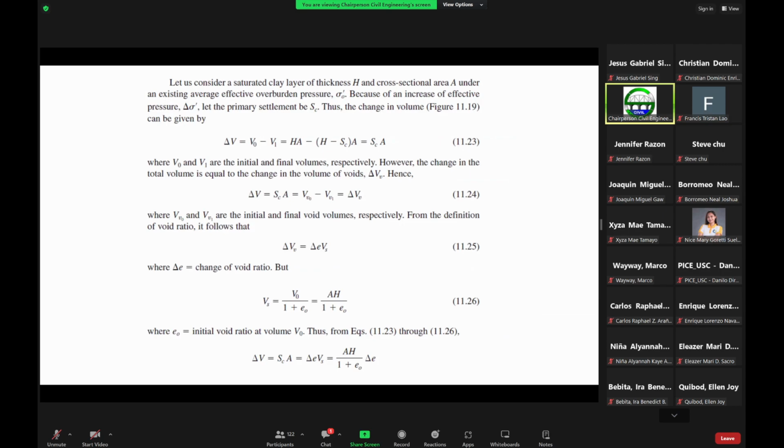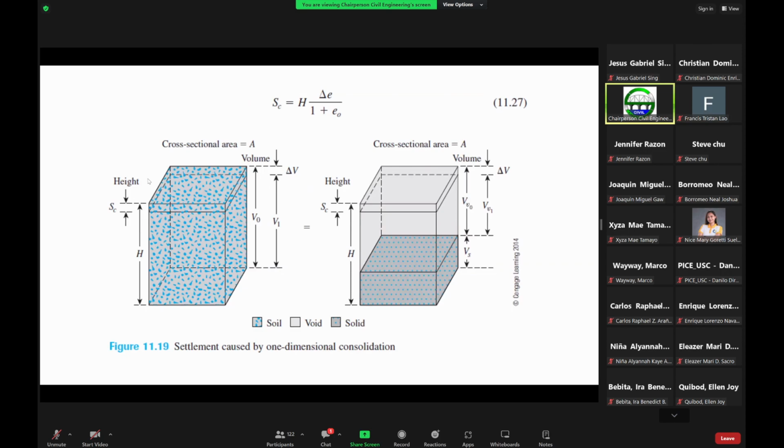To derive the formulas for the consolidation settlement, let us consider a saturated clay layer of thickness H and a cross-sectional area A, under an existing average effective overburden pressure sigma prime sub O, which is just equal to the unit weight times the height. That's actually this one here. We have now this figure.